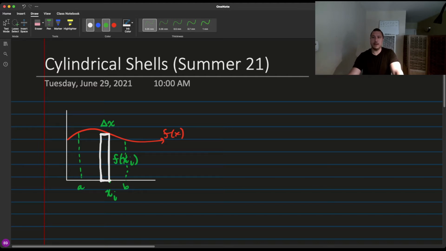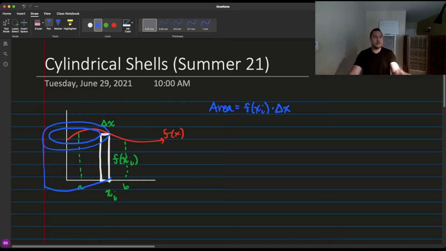Okay, so the area of this rectangle equals the width times the height, which is f of xi times delta x. Now you can imagine that this rectangle is going to be revolved around the y-axis. And you can see why it's called a cylindrical shell, because when you revolve that rectangle around, you don't get the whole cylinder, right?